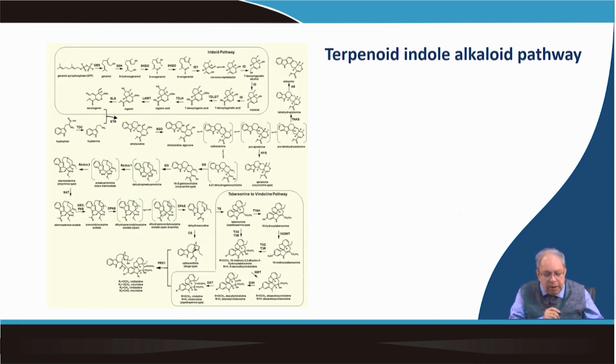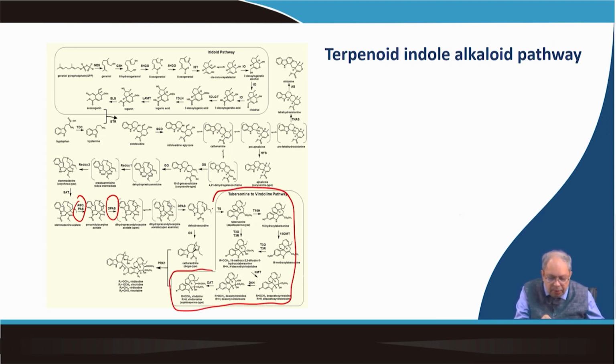This is again an overview. As you see here, two enzymes complete the biosynthetic steps, one is PAS and another is DPAS. That was characterized recently, and the paper was published in the famous journal Science in 2018. This outlines the late steps, and you see T3O and T3R, which were also discovered much later.